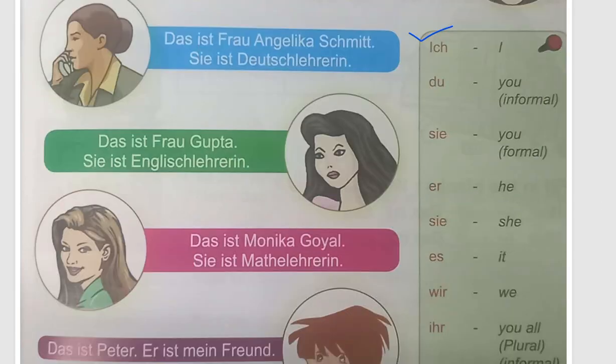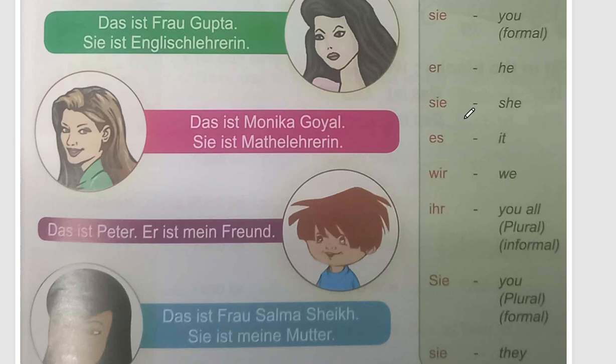You use it with elders. Er means he, sie means she, es means it, wir means we, ihr means you all. It is informal. Sie with a capital S is you all, kind of formal, and sie with a small s is they. We also learned how to differentiate.